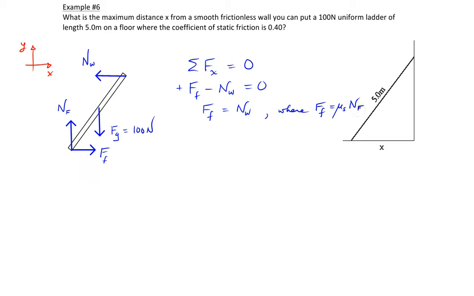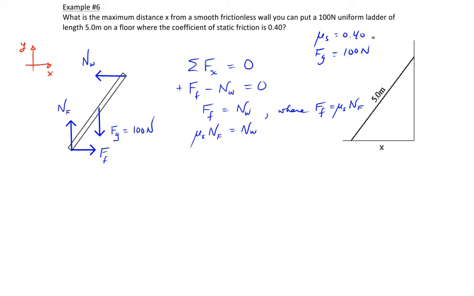So we can substitute that in over here. We have mu sub s times the normal force from the floor equals the normal force from the wall. Out of these three quantities, we happen to know the mu, which is 0.4. We also know the weight, which is 100 newtons.